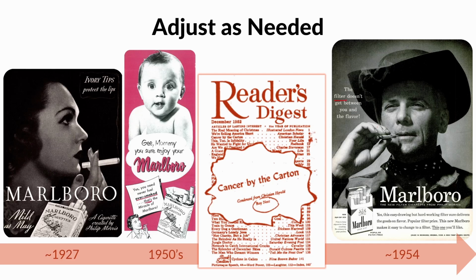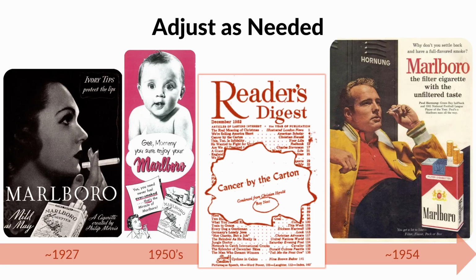Okay, two things they did. Filter, they added a filter compared to unfiltered cigarettes back then. They had a filter now, which makes it, in their eyes, maybe more healthy, which is not the case. FYI, not the case. And new keywords, easy going, hardworking, and obviously in the ads, you see cowboys, you see men, you see maybe some football players, completely shifted.